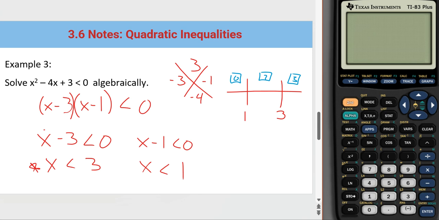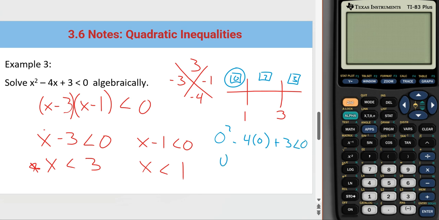So what I am going to do is check 0, because 0 makes things a very simple check. I am going to plug it in, 0 in for x, right? So 0 squared minus 4 times 0 plus 3 is less than 0.